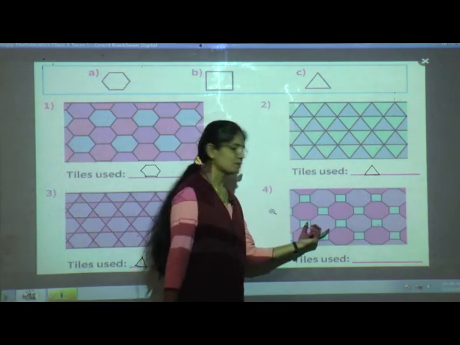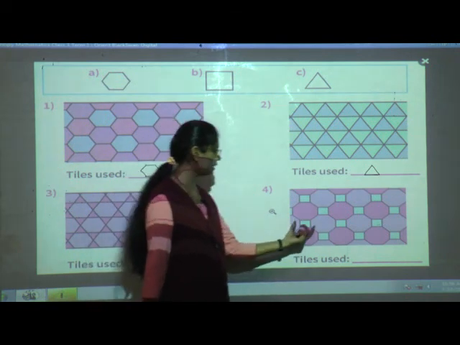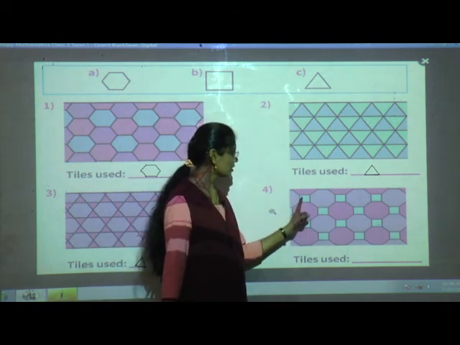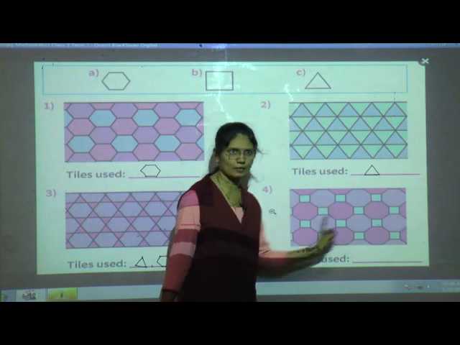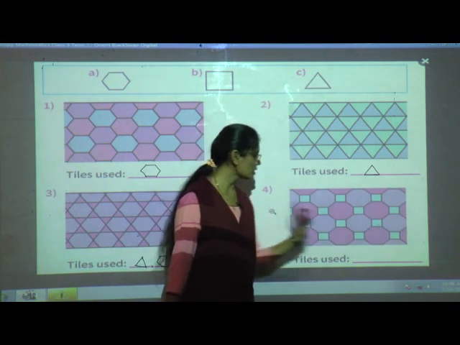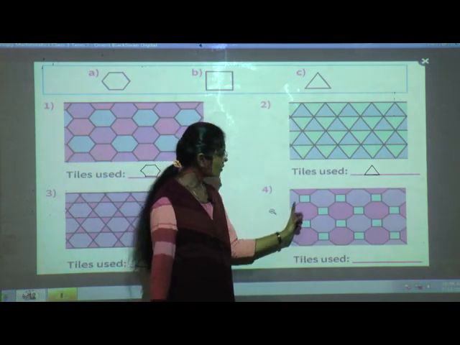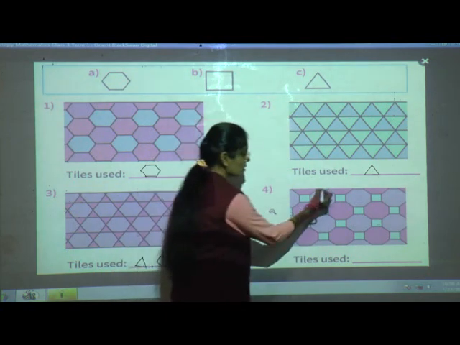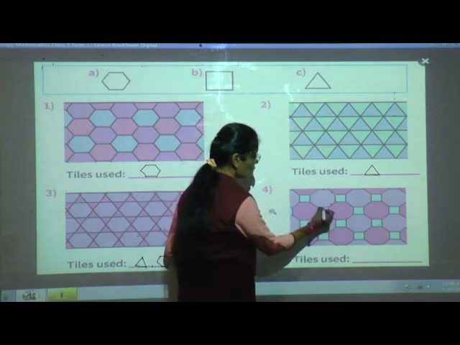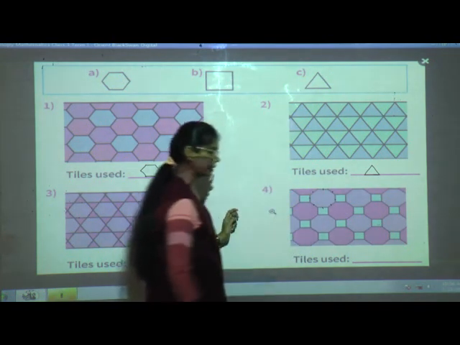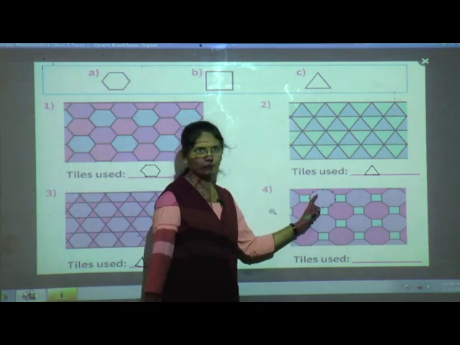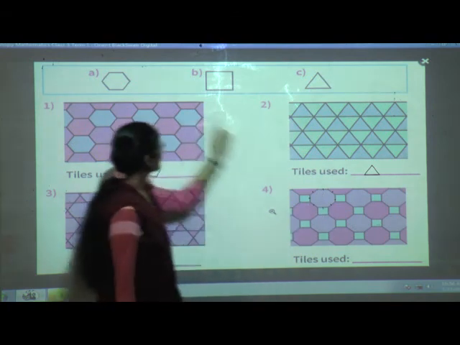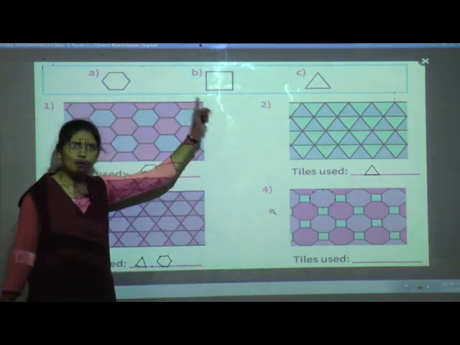Now the last tiling, see carefully. Here small squares you can see. Yes, small squares are there. And then one more shape is there, that is an octagon. If we count the sides, 1, 2, 3, 4, 5, 6, 7, 8. Octagon is there, but this octagon is not there in the box.